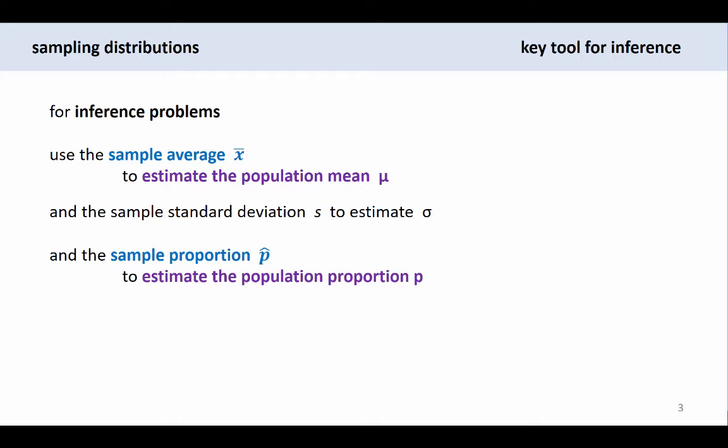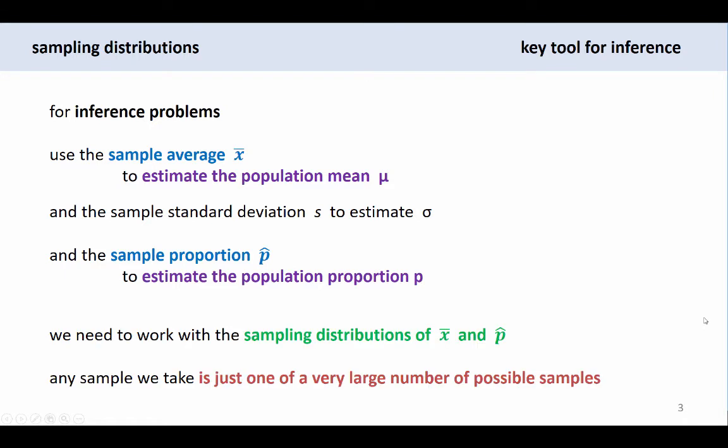We'll use the sample proportion p hat to estimate the population proportion p. And a constant framework for the work we are doing is we need to work with the sampling distributions of x bar and p hat, keeping in mind that any sample we take for our study is just one of a very large number of possible samples.